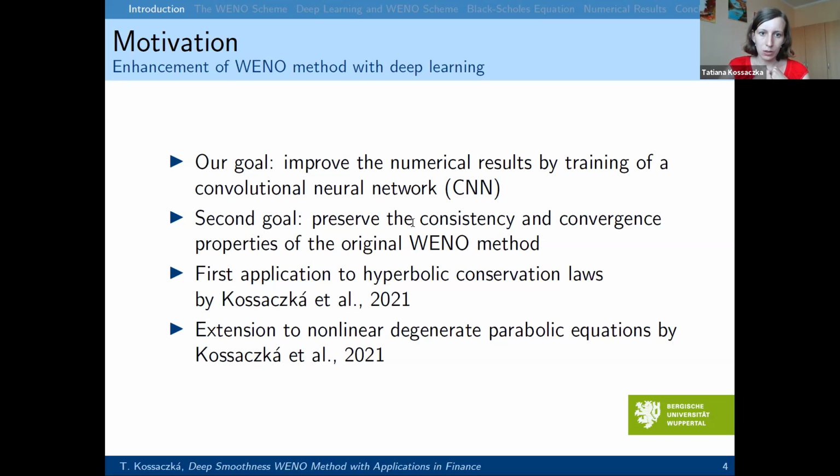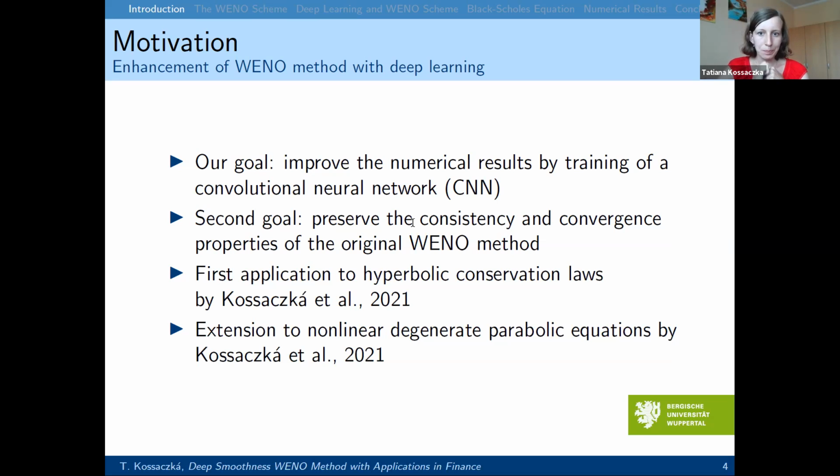Our second goal is to preserve the consistency and convergence properties of the original WENO method, which is not so easy, because if we add deep learning to some method, it does not have to converge in all cases, but we want to preserve the convergence and consistency.